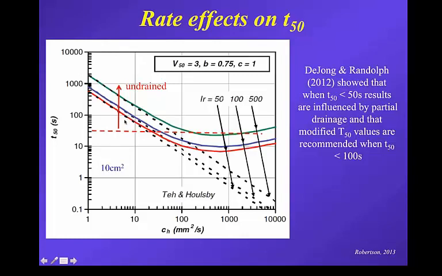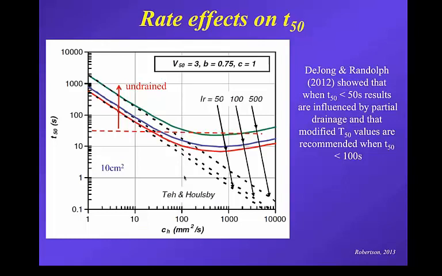They've flipped that plot I had. Here they've got T50 on the vertical axis and CH on the horizontal. But they basically showed that Teh and Houlsby theory matched very well, of course, when it was undrained penetration. But when T50 was less than about 30 seconds, there began to be a bit of an error due to partial drainage.